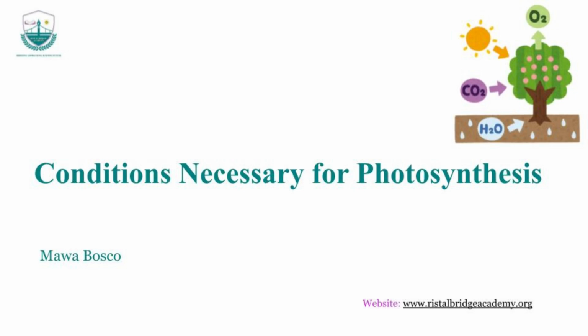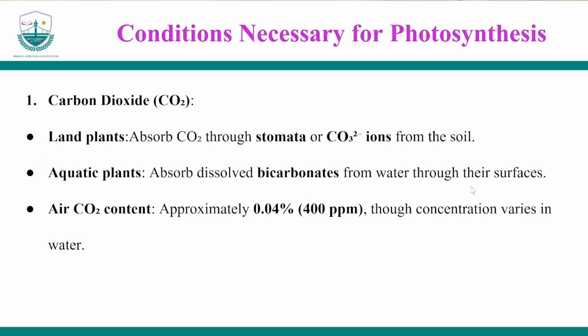Carbon dioxide is a gas that is actually required for the process of photosynthesis. It needs to be fixed into the organic compound that is actually going to be manufactured. And I shall say that carbon dioxide enters the photosynthetic process at a specific step of photosynthesis.